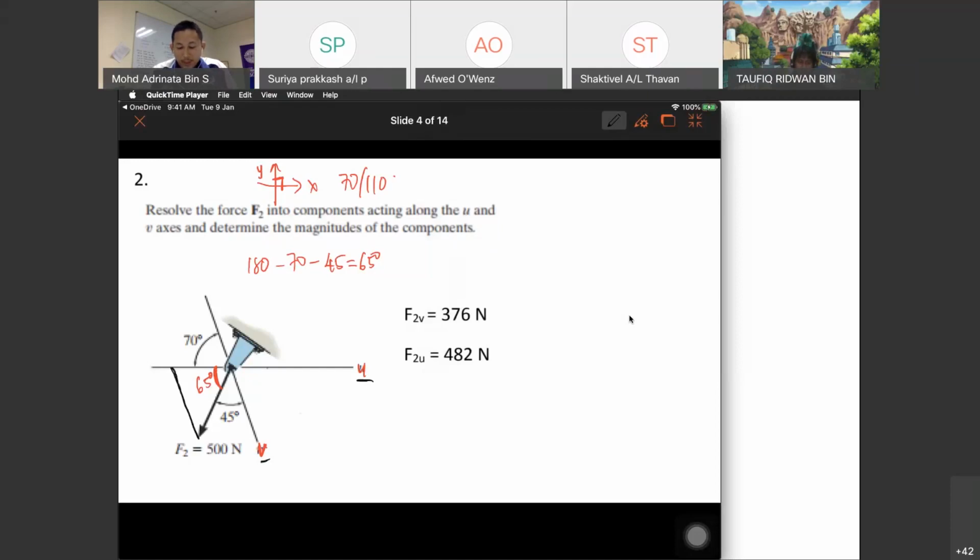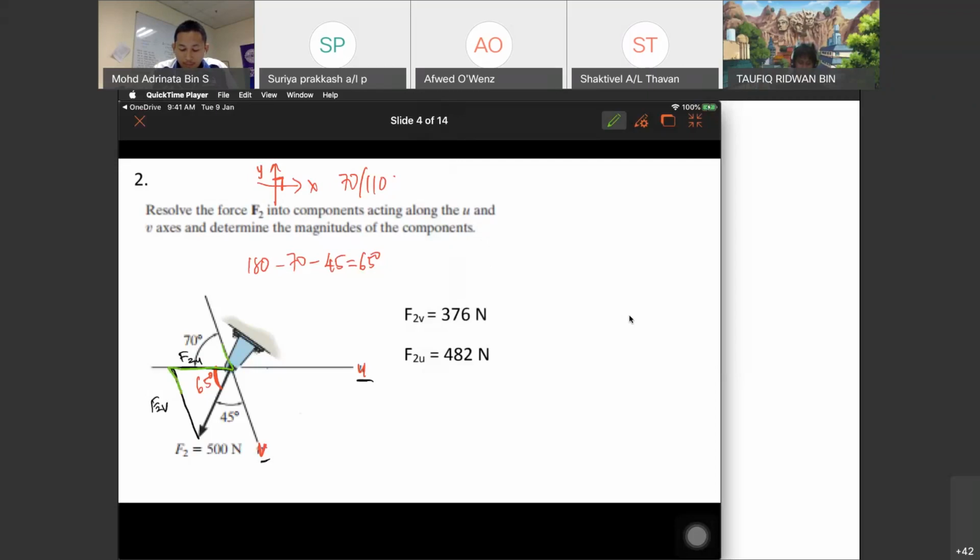Okay, that one is F2V. And this one is F2U. Okay, F2V, and our theta, we have our 65 degree.